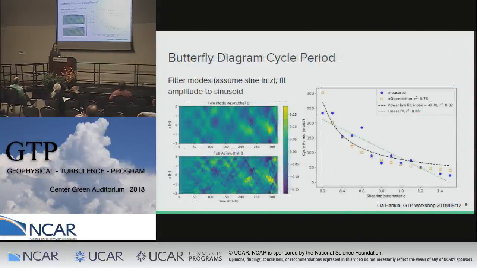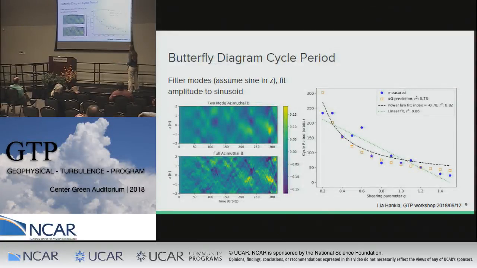And then another thing, this butterfly diagram here: the magnetic shear current effect can't actually explain where these cycles come from. If you have a stratified system, then you have a very good scaling with Q that's inversely proportional to Q, based off of the alpha omega dynamo. But when it's unstratified, there isn't a theoretical scaling yet. So I decided to see what kind of scaling I would get as a function of shear.